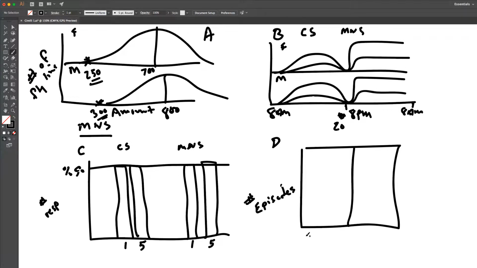And if you look at the wild type and mini sleep, the number of episodes are about the same. I mean, it's a little bit more in mini sleep, but it's not statistically significant.